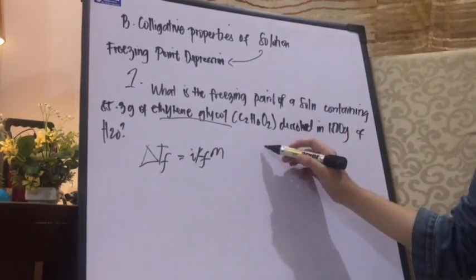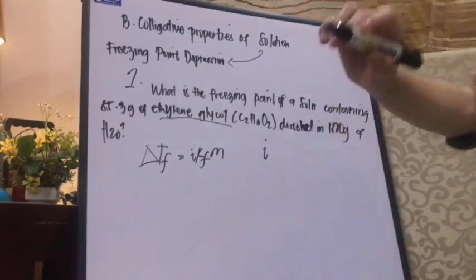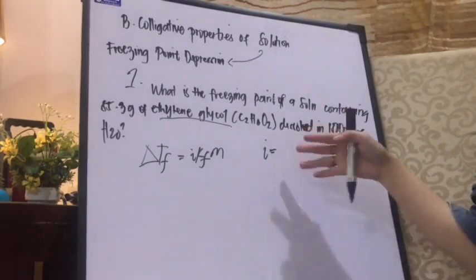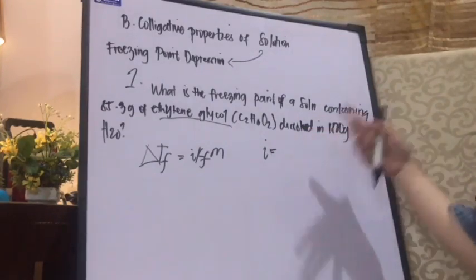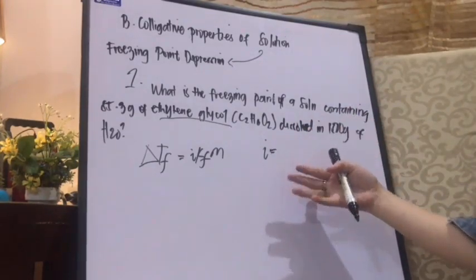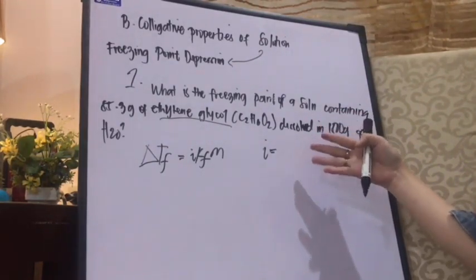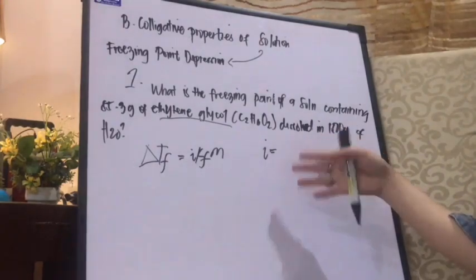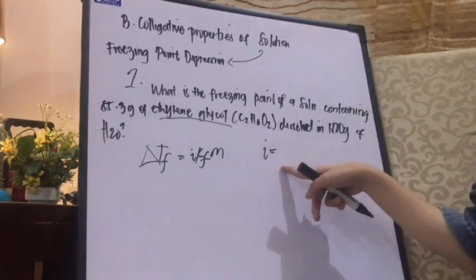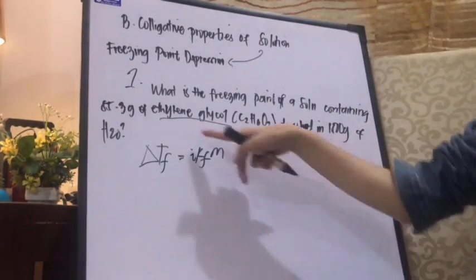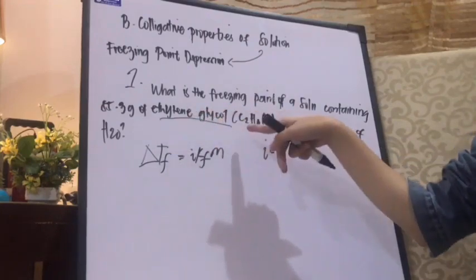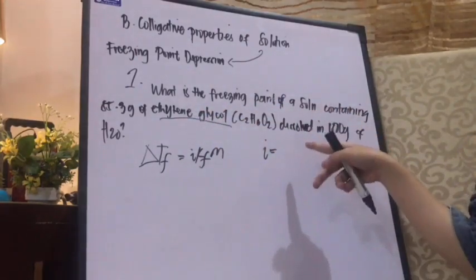The i is our factor regarding what substances are being dissolved into the solution, and whether, when dissolved, it dissociates into particles or not, so ionic solid or molecular solid. In this case, our solid is ethylene glycol, which is a molecular solid.